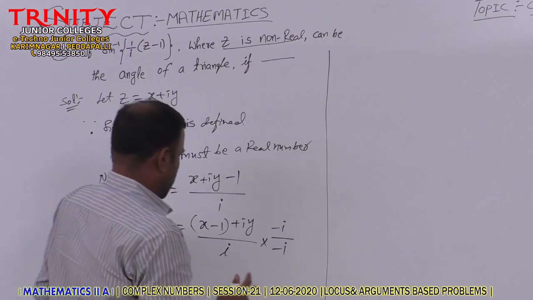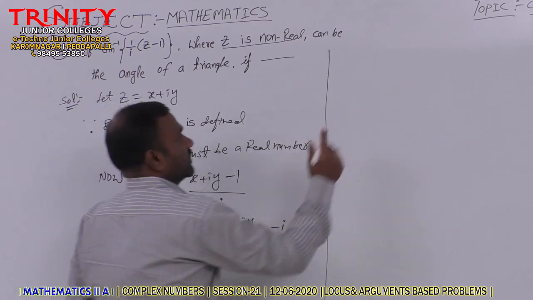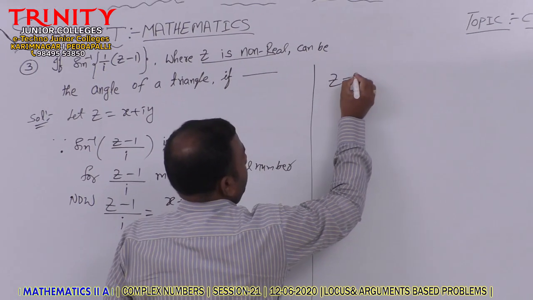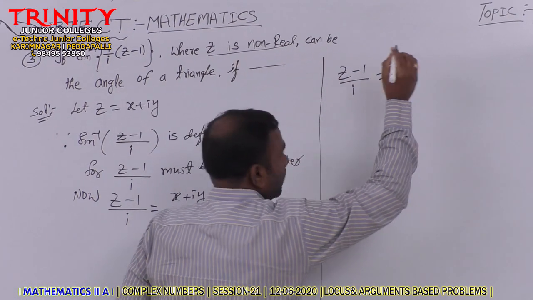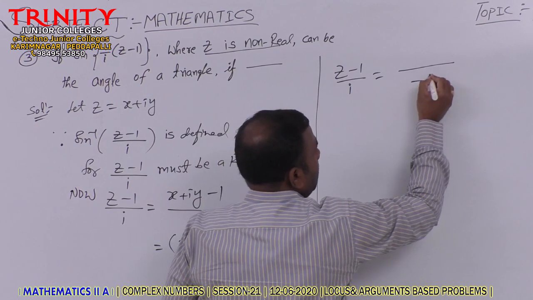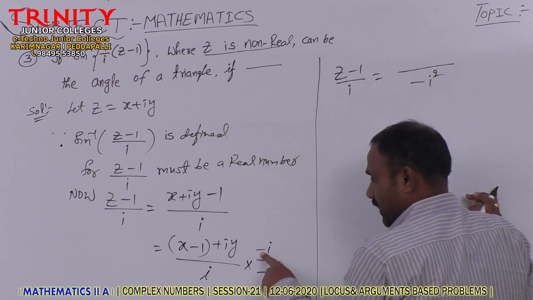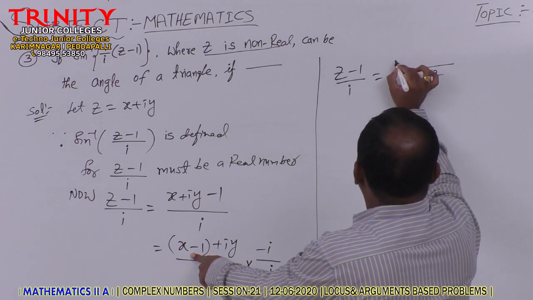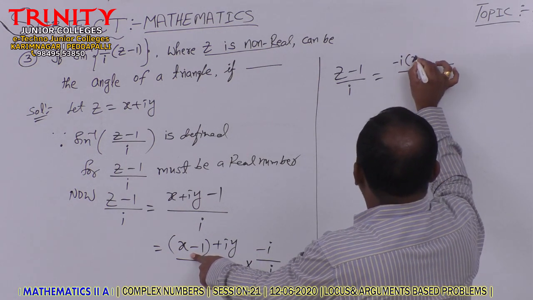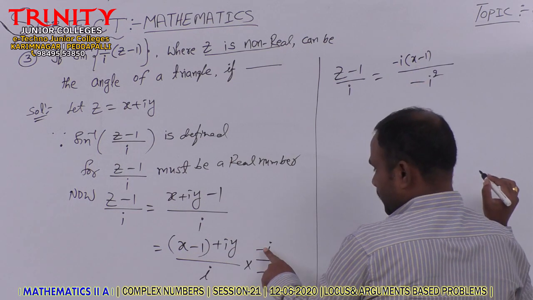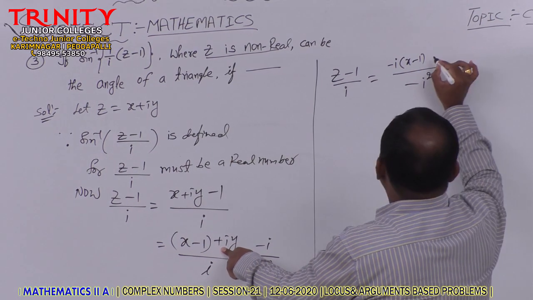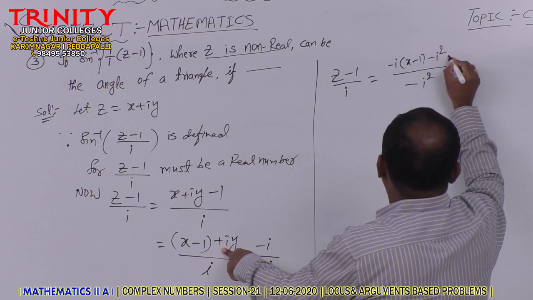Then the denominator is i into minus i, that is minus i square. Denominator is minus i square. And the numerator is minus i into (x minus 1), minus i into x minus 1, minus i into iy, that is minus i square y.